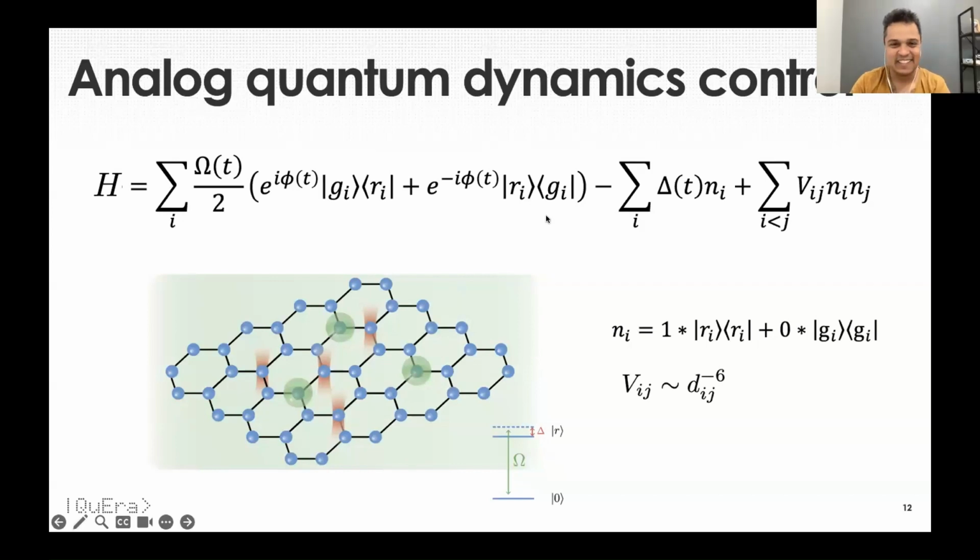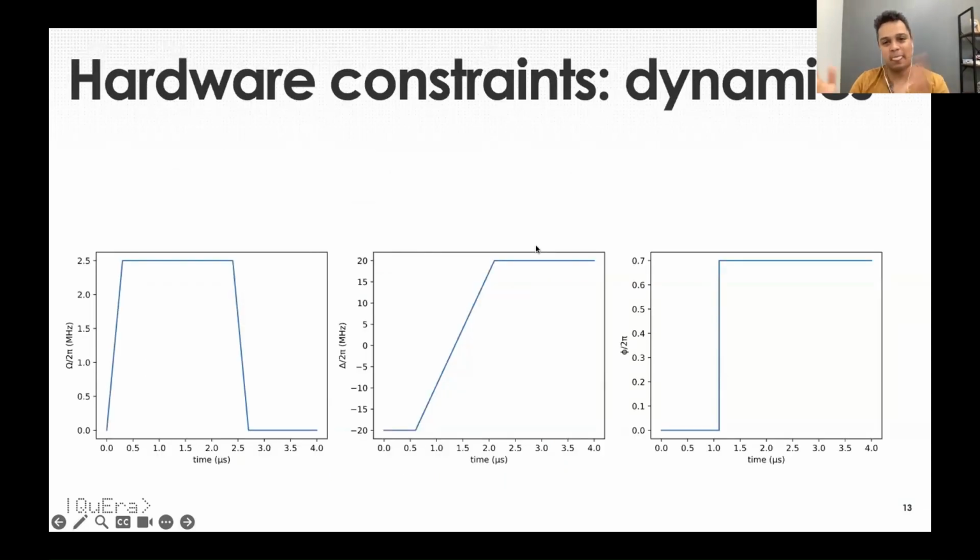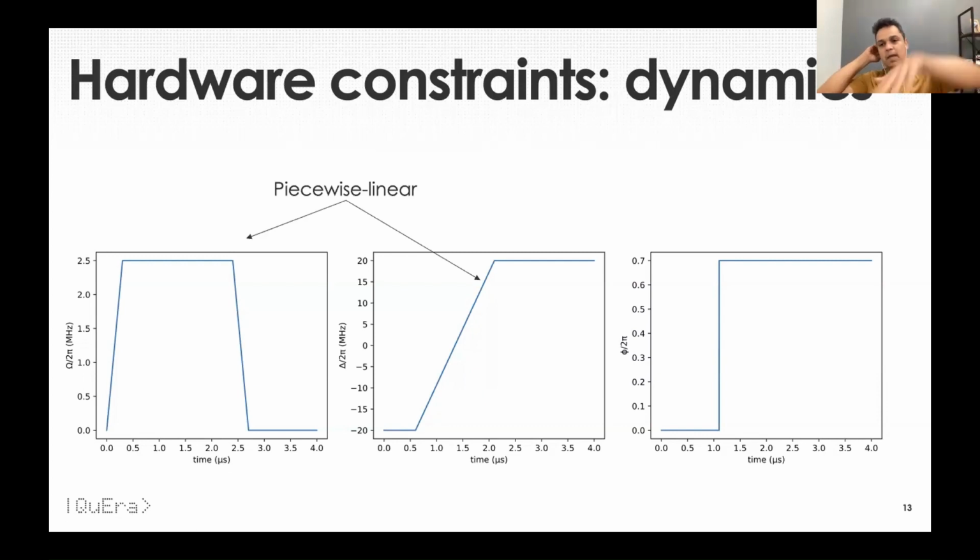Great. Thank you. Same story. There are going to be constraints by the hardware if you want to run a job. So delta, omega, and phi. The first point to notice is that Blockade can make smooth functions. The hardware doesn't make exactly smooth functions. It makes piecewise linear functions.